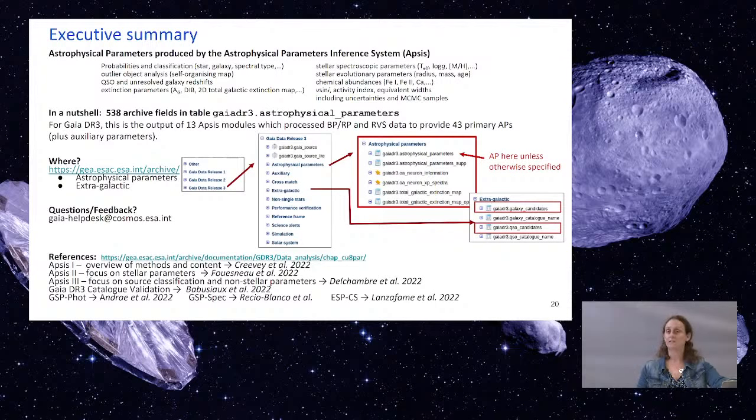For many cases, this is fine because some of the variability is not as important, but for things like the RR Lyrae, these are very high amplitude variable stars, and the astrophysical parameters are probably not very reliable. But you would have to look in detail at the individual sources yourself. But again, we analyze the mean spectra. So this is where one needs to be careful.